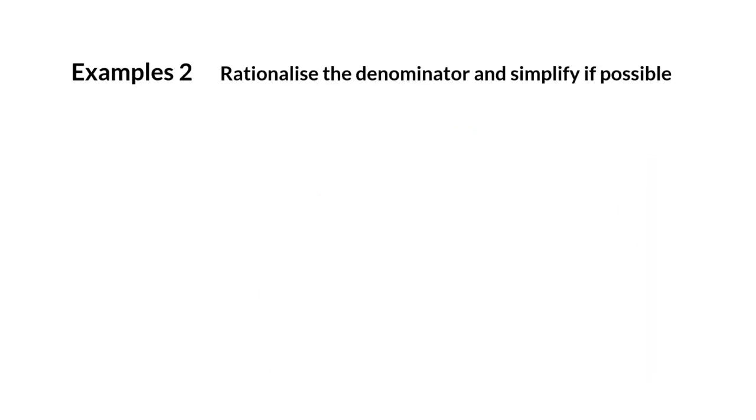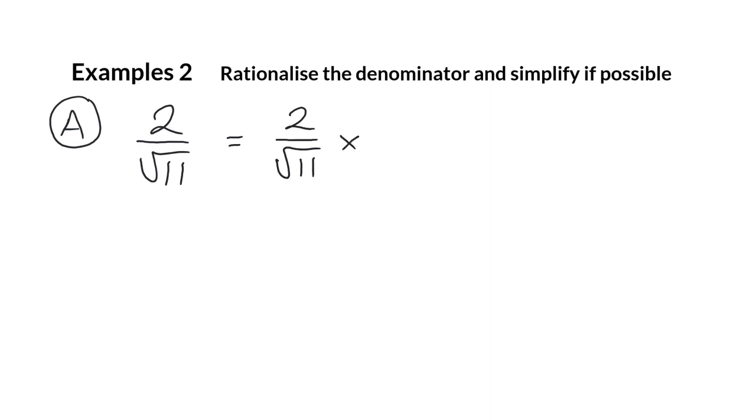Let's look at a couple of extra examples just to ensure we're up to speed with everything that was involved in that. That all came pretty thick and fast. If we were to take example A, and I said to you we want to rationalize 2 over root 11, what we would do is start off by multiplying by root 11 over root 11.